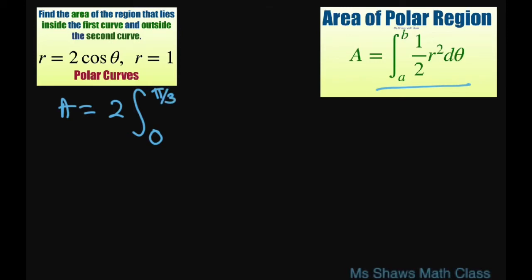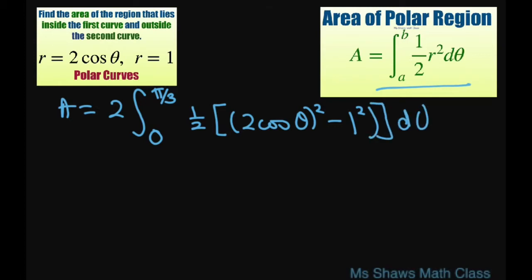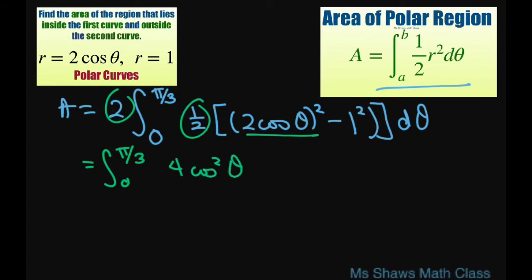And using this formula, this is going to be 1/2, and we're taking the area of the first curve minus the area of the second curve, d theta. Now this just equals 1. So we're going to get the integral from 0 to pi divided by 3 of, let's square this out, 4 cosine squared of theta minus 1 d theta.